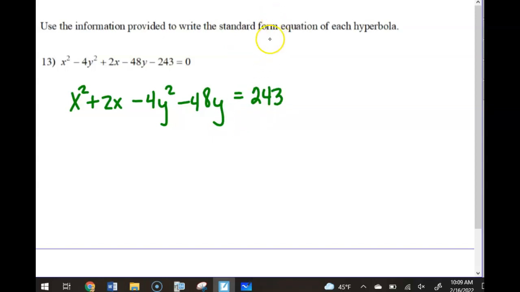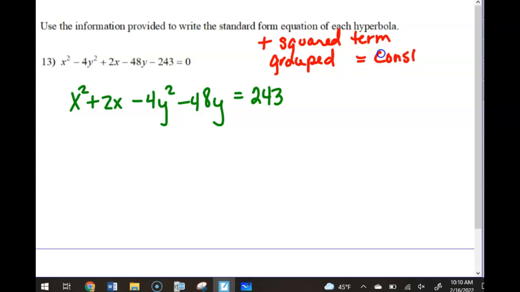Okay, so we put the positive squared term first. And then we grouped the other terms together, right? And set it equal to the constant. Just making some notes about how we're doing this.